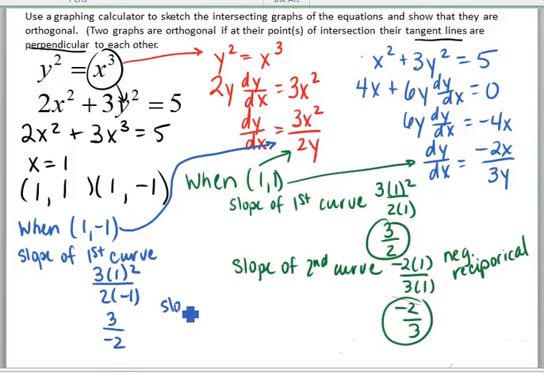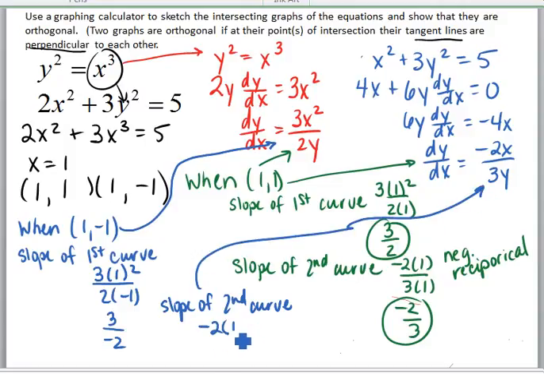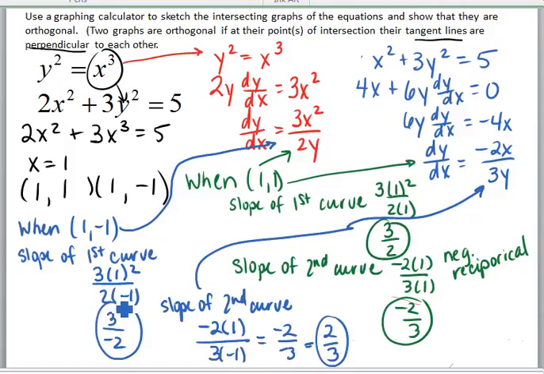And the slope of the second curve, when I plug in 1 for x and negative 1 for y, gives me negative 2 over a negative 3, which is 2/3. So again, we get two slopes that are negative reciprocals of each other. So I have shown that these two graphs are orthogonal at those points of intersection.